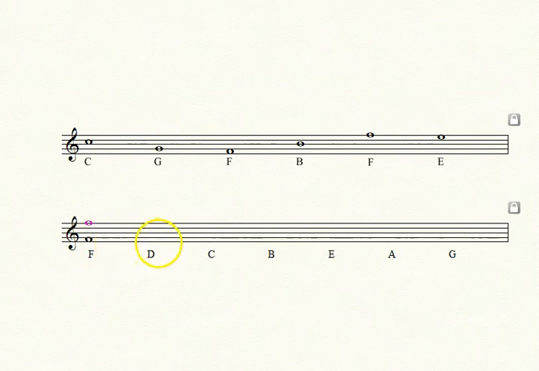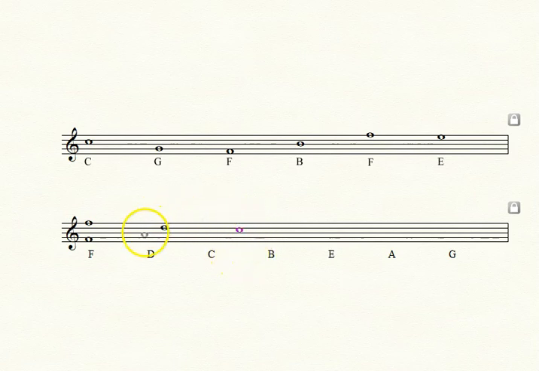Next, we have D. We can use our sentence for our lines. Every good boy does. D. Now, every good boy does fine does not have a C word in it, but we know that if we use FACE, F-A-C, we have a C there.